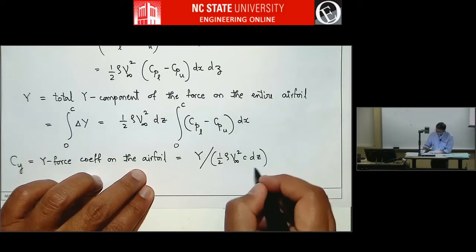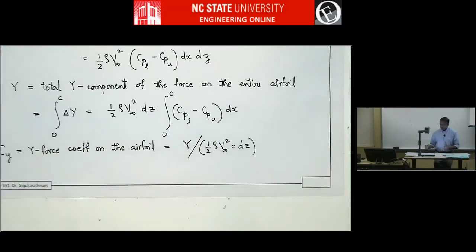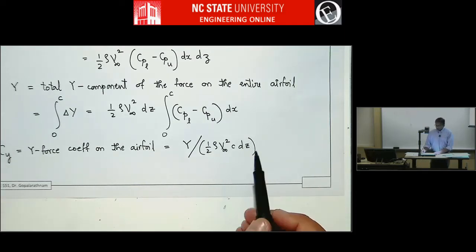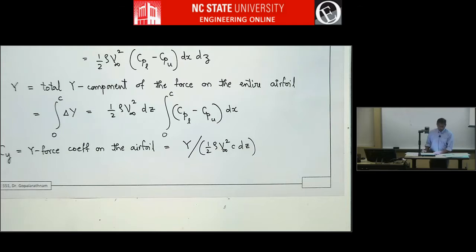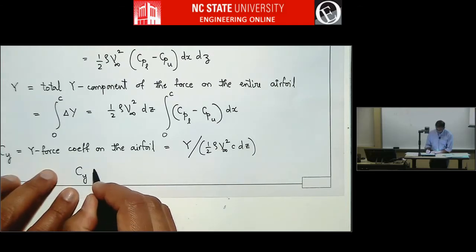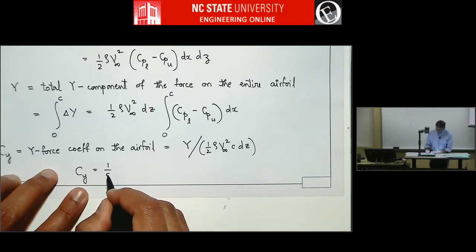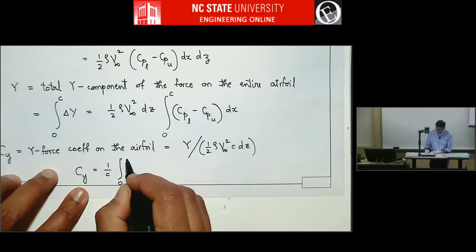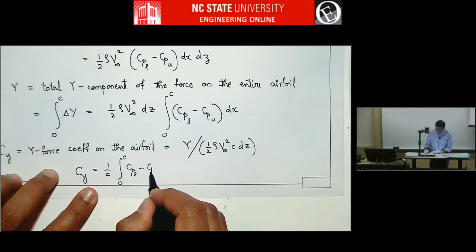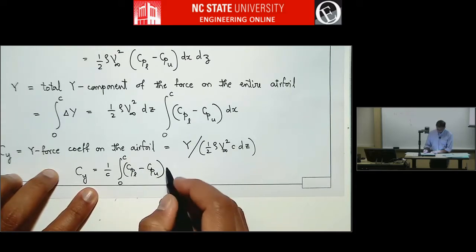So that's the planform area of this little 2D airfoil. So now you see dz is going to drop out, and cy just becomes 1 over chord times the integral 0 to c of cpl minus cpu dx.